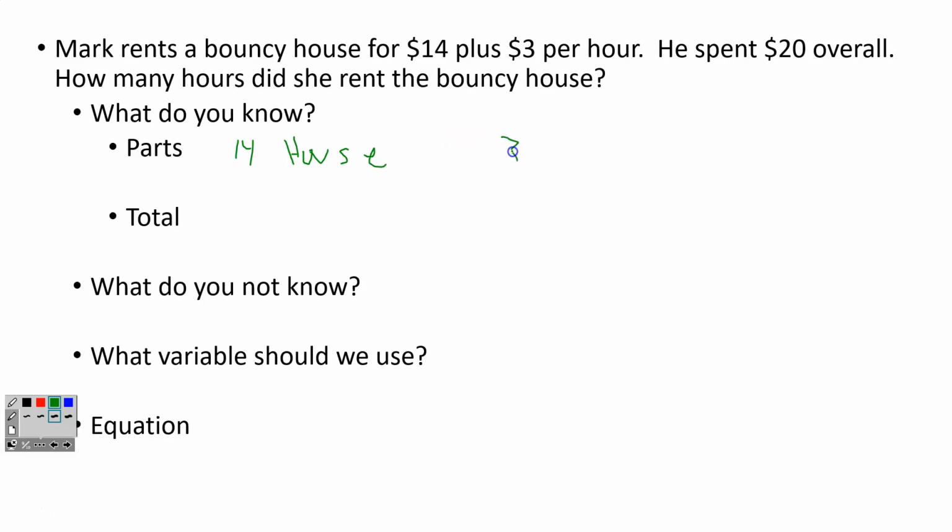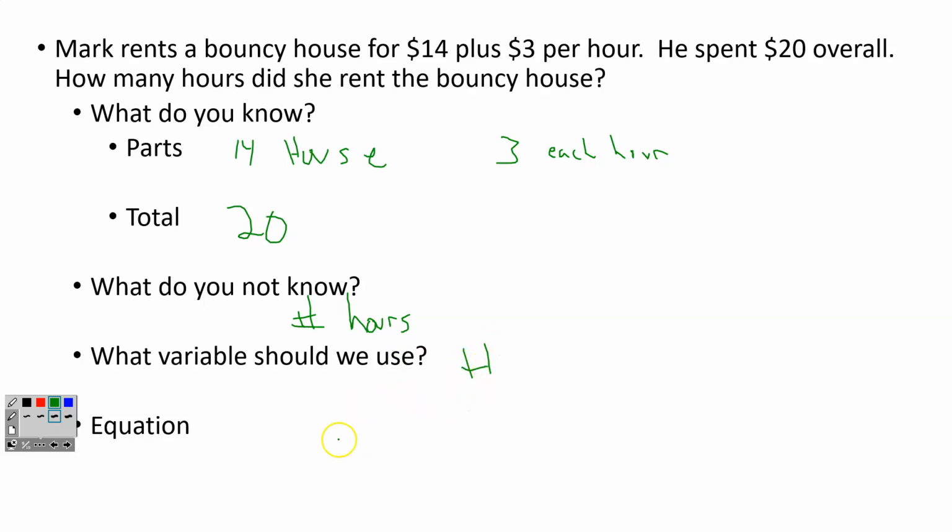We know it was $3 for each hour. Again, I'm sorry about my handwriting. I know my total is $20. What do we not know? We don't know how many hours they rent. So we don't know the number of hours. What variable did we use? We'll use h for hours.